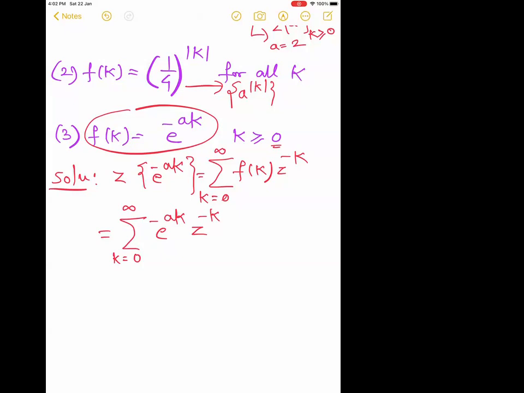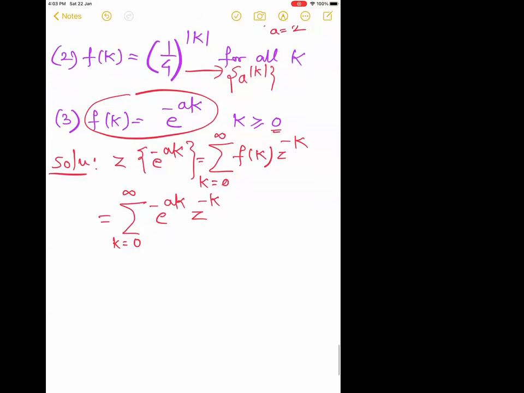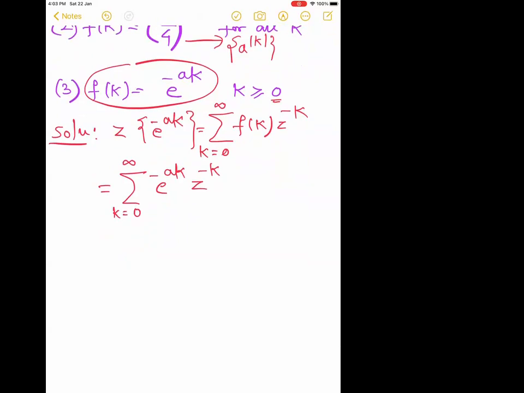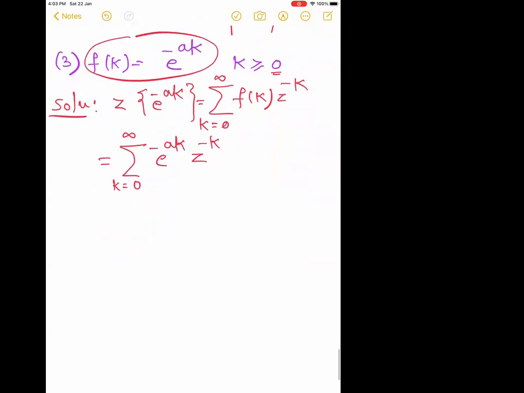Grewal and H.K. Das both have Z transform, Fourier transform, Laplace. All 3 you can get. First one is Grewal, B.S. Grewal's Higher Engineering Mathematics. And another is Advanced Engineering Mathematics by H.K. Das. Okay, thank you.